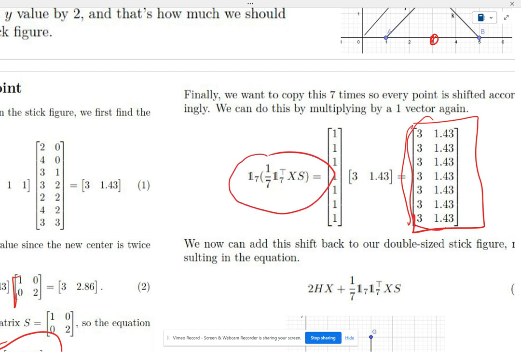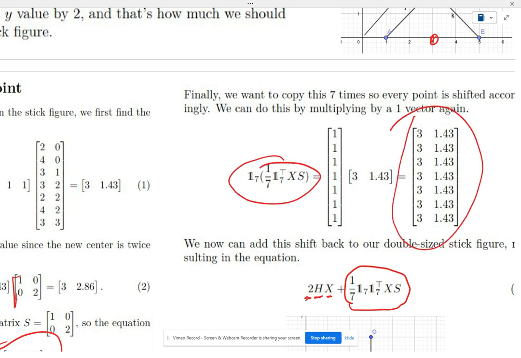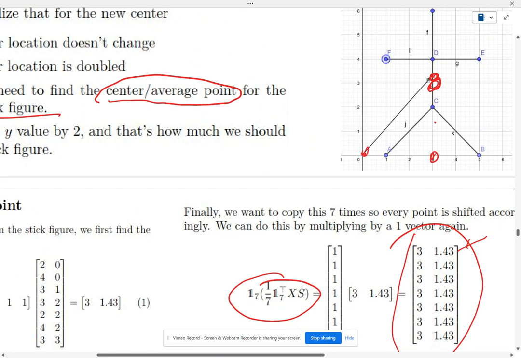This right here is essentially how much you're supposed to move, copy 7 times. So if we take x, center it, and multiply by 2, and if we add this term we just talked about, which is we're shifting every single point by 3 and 2.8.